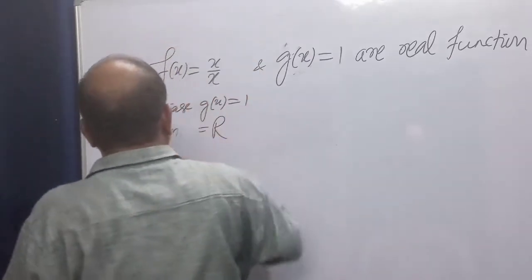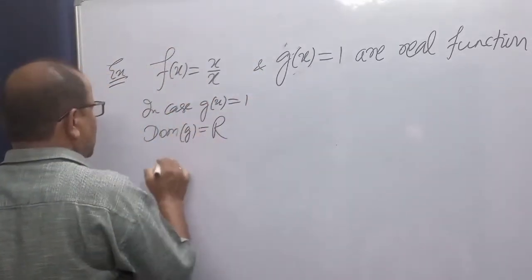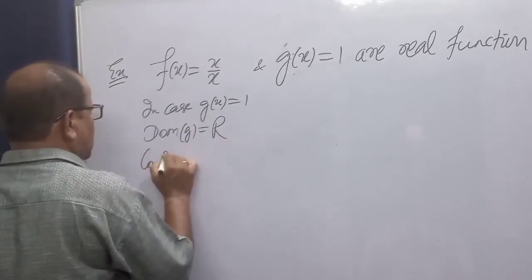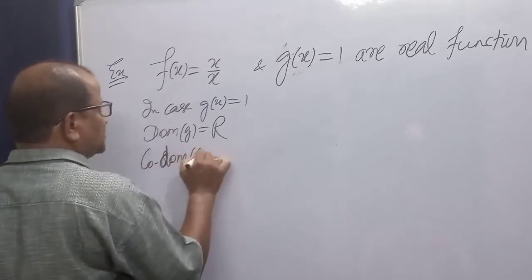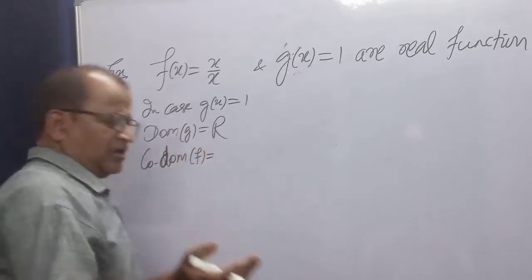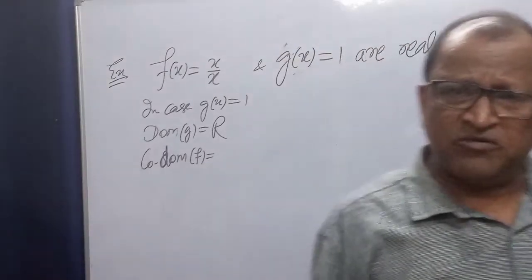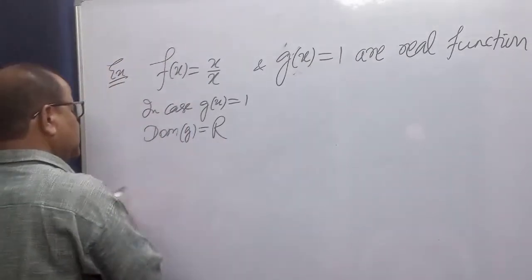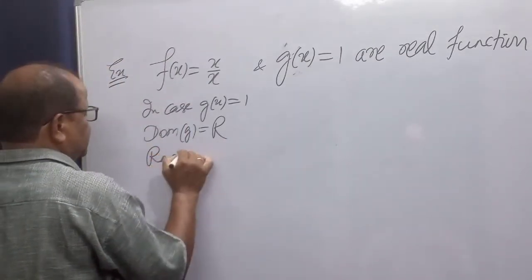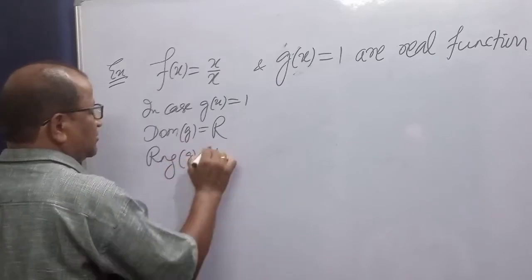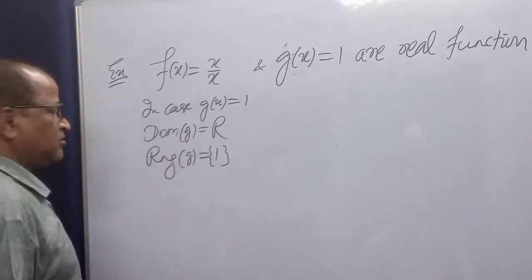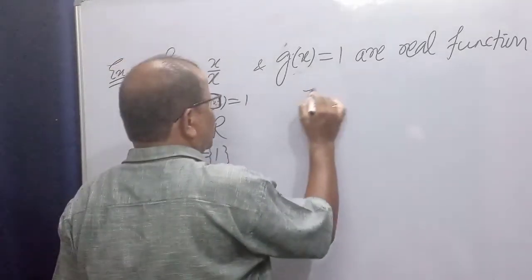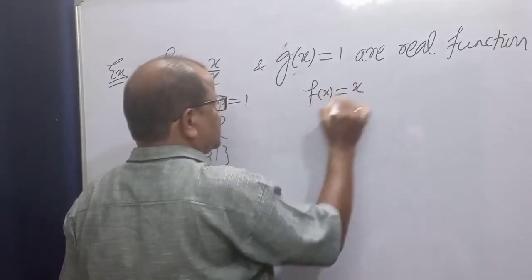Domain of g. And what is codomain? Codomain of this function can be the set of real numbers. What is its range? Range of g is the set containing 1.